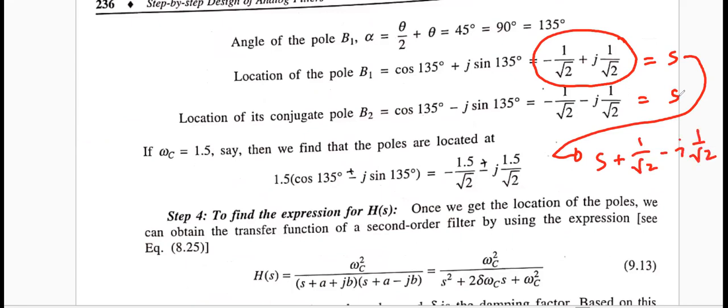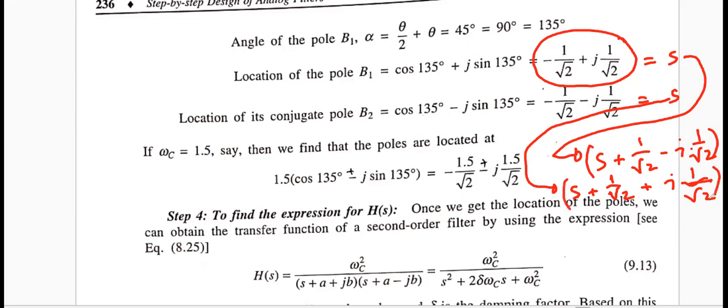For the second one, the expression should be s plus 1 divided by root 2 plus j1 divided by root 2. So this is the first one and this should be the second one.